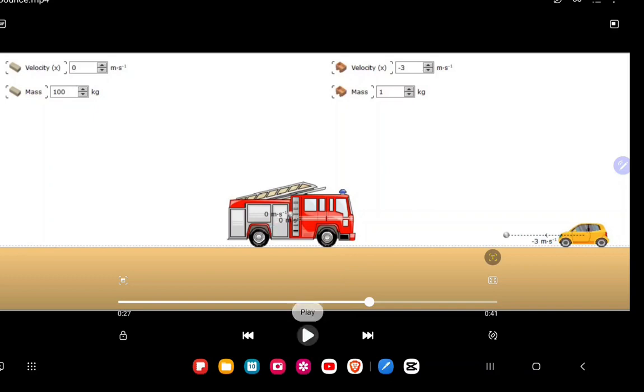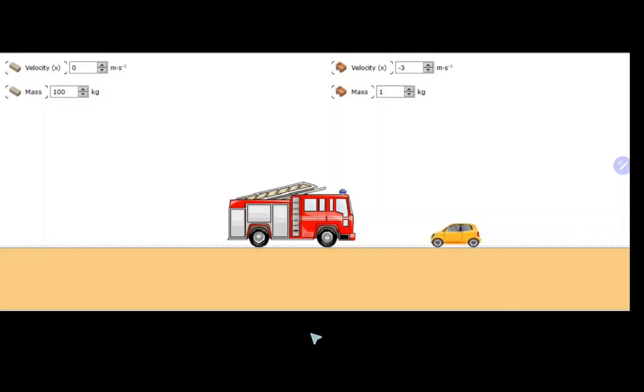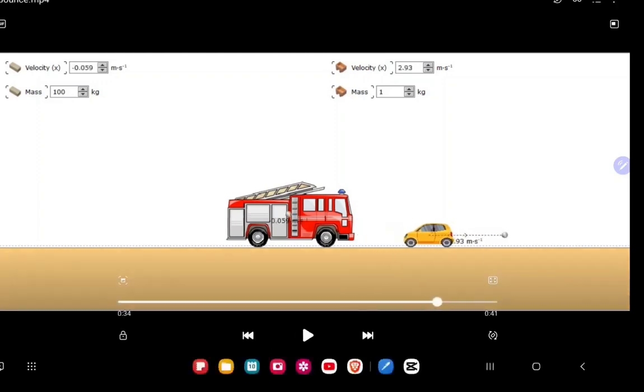After the collision, the velocity for the large one is almost 0, and the small car just bounces back with the same speed. So the velocity of the small car before the collision is almost the same as after the collision. Let's go back to the example.